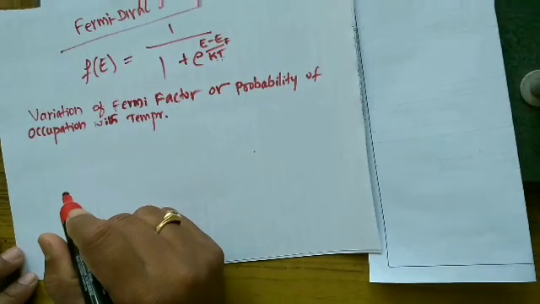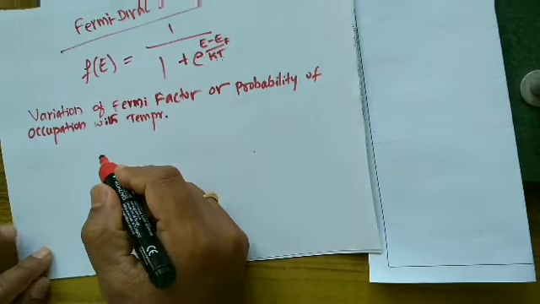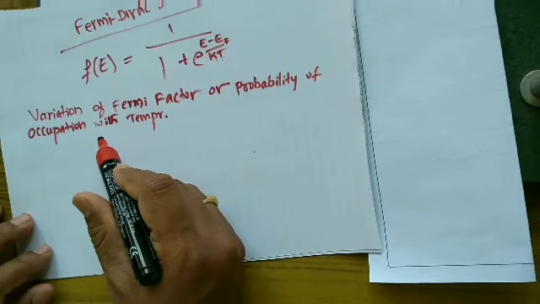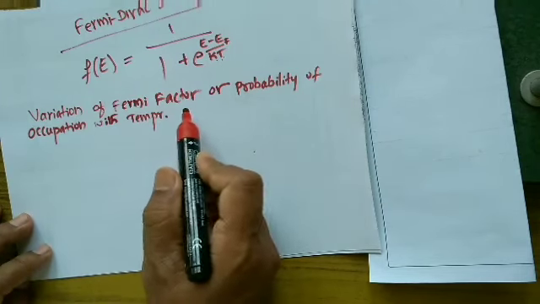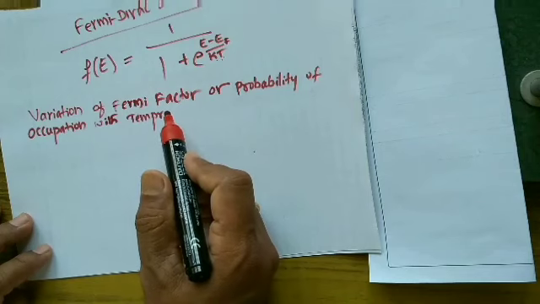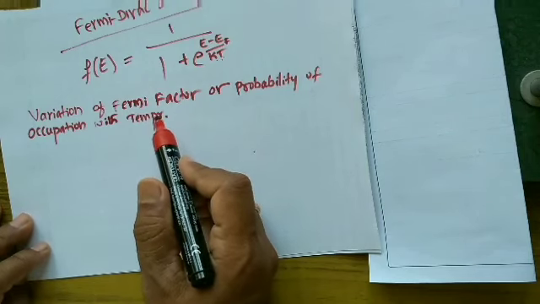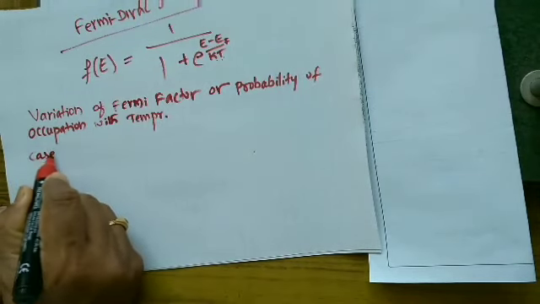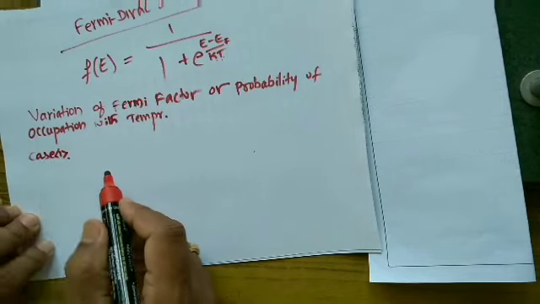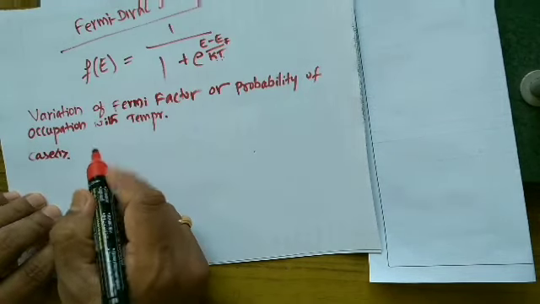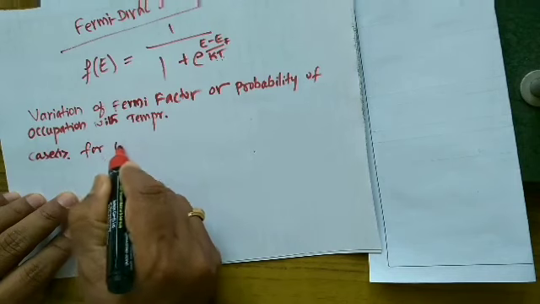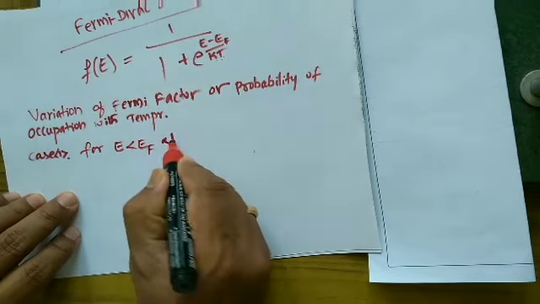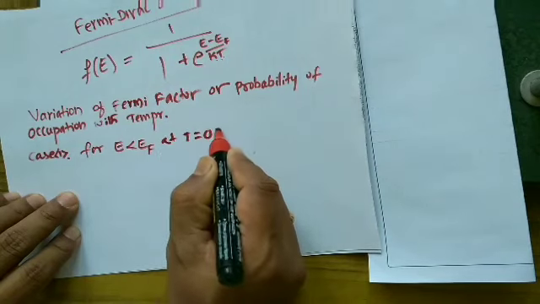Let us now look into the relation between the Fermi factor and the temperature. Let us understand how the Fermi factor varies with temperature and of course with the difference between E and EF. Let me consider the first case, case 1, that is, for E smaller than EF at temperature equal to 0 degree Kelvin.